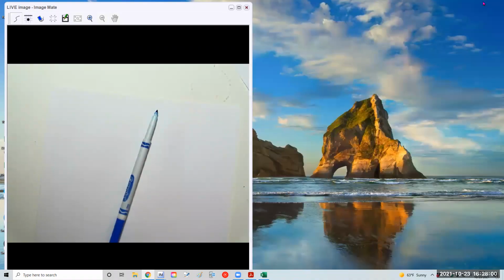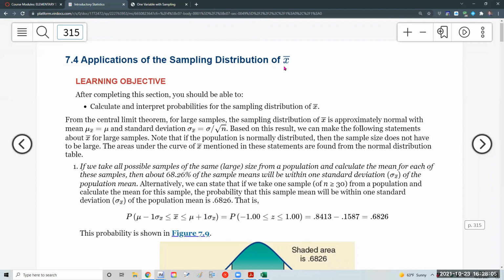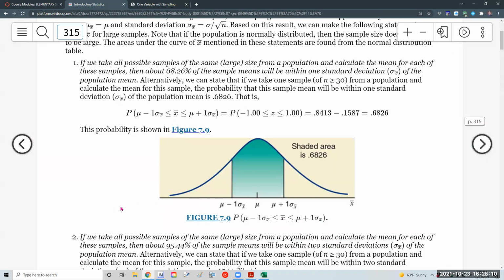To answer these 2 questions, what the book does at the first part of this section is apply the empirical rule to the sampling distribution of X bar. Whenever that sampling distribution is normal, you can apply the empirical rule to it. It gives us these 3 statements. One, about 68% of your sample means will fall between these two boundaries, which are one standard deviation above and below the mean.